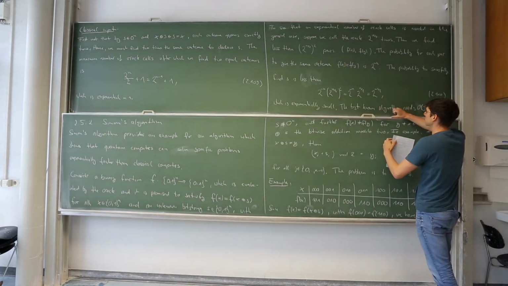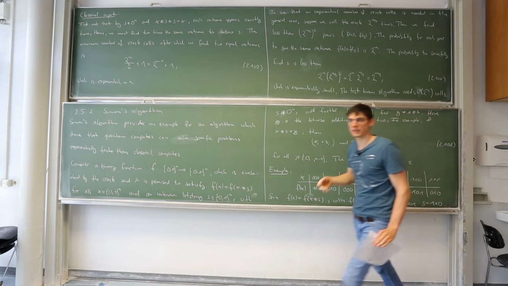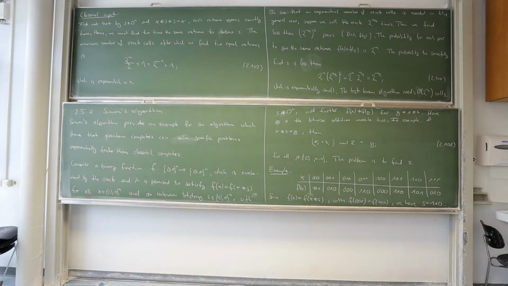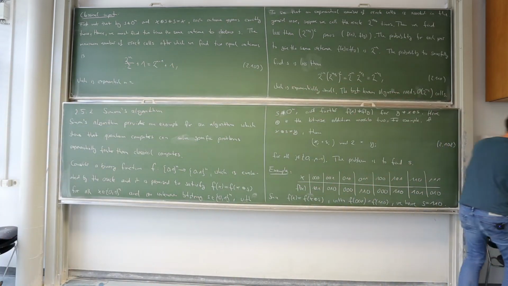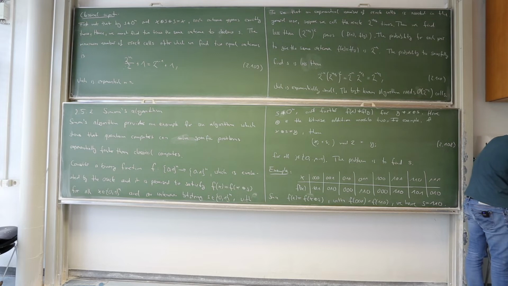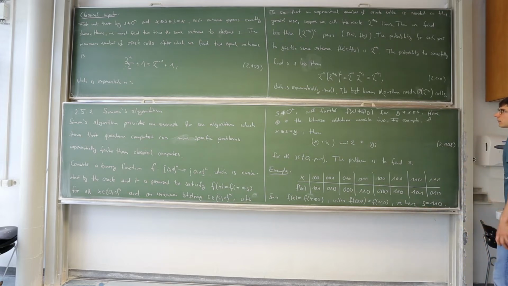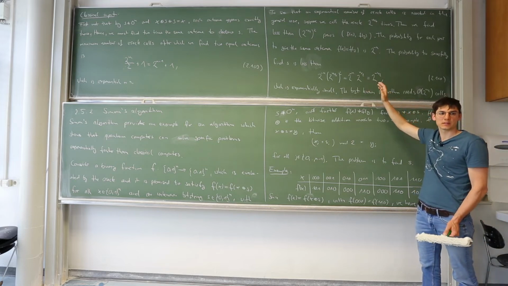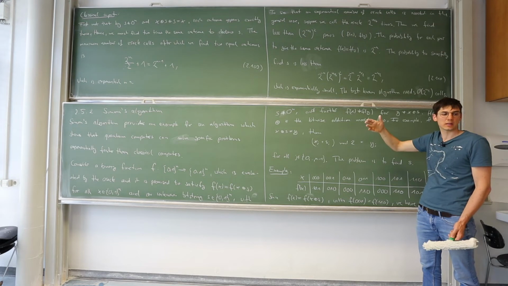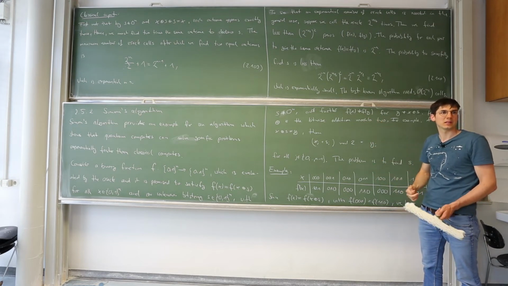So, meaning that if we have classical inputs we need an exponential number of oracle calls in order to deduce our unknown bit string S. So note that this is not a proof, but this should give you a feeling that it is like this. Because what we just showed is that if we call it an exponential number of times, then we still have an exponentially small probability to find S.